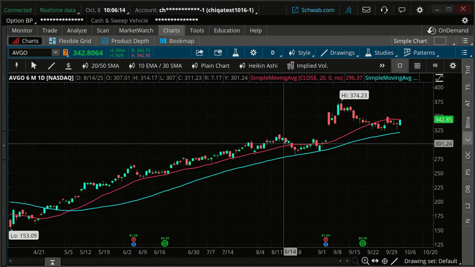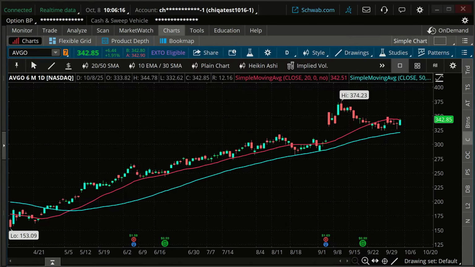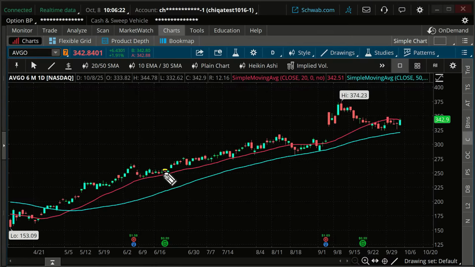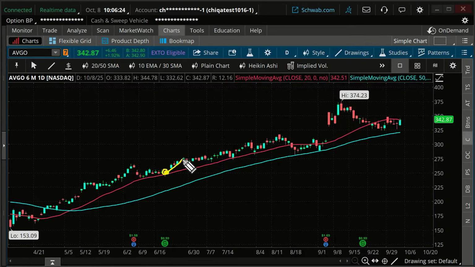So if you're expecting a stock to bounce up, let's say we're here and we think that stock is going to bounce up, then it wouldn't be the time to do a covered call. If you're up at a higher point and you think the stock is going to retrace, and of course this is hindsight I'm using here on this example, then that would probably be an ideal time.